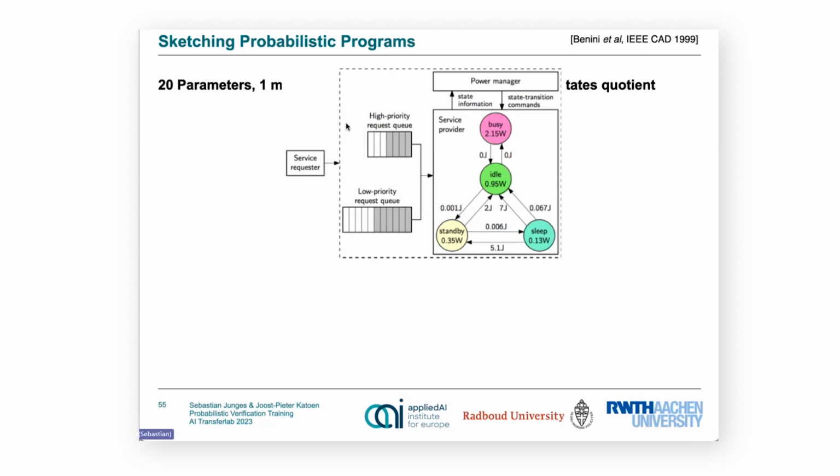Now, we can also look at a variation of this, which is more realistic. So now we have different priority queues for high priority and low priority requests. If we do this, we get 20 parameters. We now get into 1 million different Markov chains, and all these Markov chains now have a couple of thousand states.